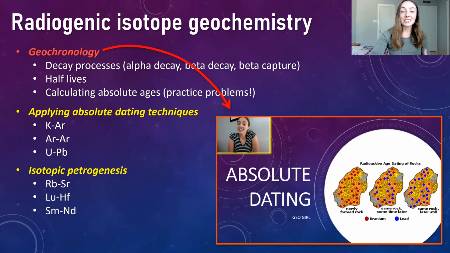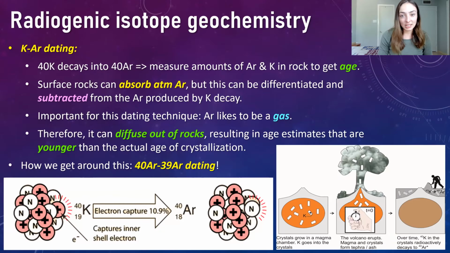But first, let's talk about applying potassium-argon dating. So just to briefly recap, we talked in the absolute dating video, if you went to check it out, great, good job, welcome back, about how potassium-40 decays into argon-40. Because potassium decays into argon, we can use the relative amounts of these isotopes in a rock to get its age.